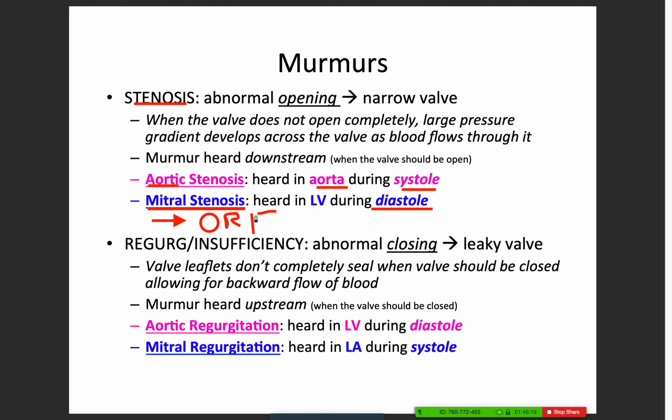Okay. And so chronic rheumatic fever is a patient who had rheumatic fever when they were young. So a patient has rheumatic fever when they're young, and that rheumatic fever goes untreated. Now, what you're going to have is that the sides of your mitral valve are going to become fused together.